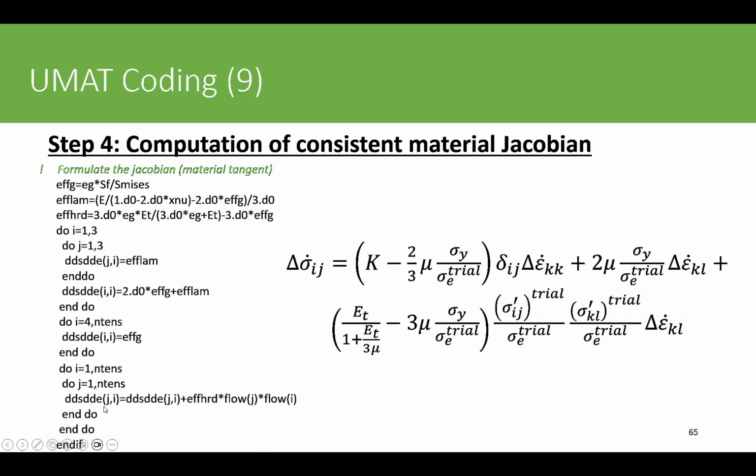For example, this is the term which will be having all these terms plus this term as well, in the case when you are dealing with that. So in this case, we will have this term times flow j and flow I. These are the flow terms, if you remember, in terms of ij and kl. It looks a bit confusing, but when you start writing in the indices, then hopefully you should be able to define that.